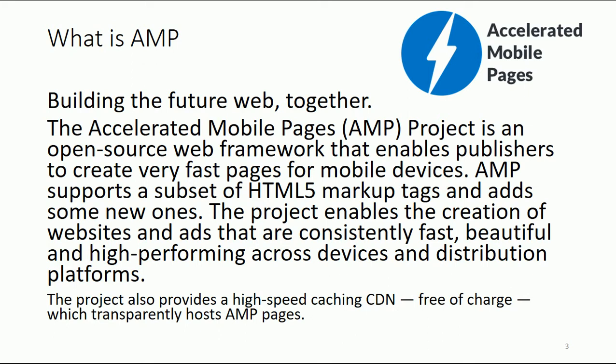With your web pages you can make a much more consistently fast website, and AMP websites look really beautiful. Moreover, they bring high performance across devices. As we know nowadays, your website does not run on just one device; it needs to run on a number of devices, and that is where Accelerated Mobile Pages bring a really amazing experience to the end customer.